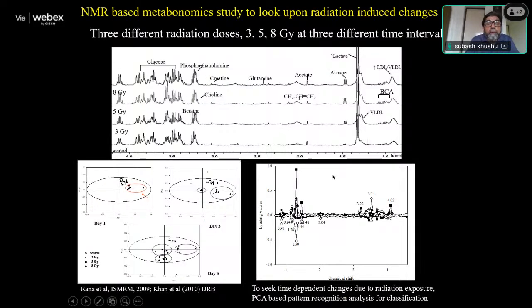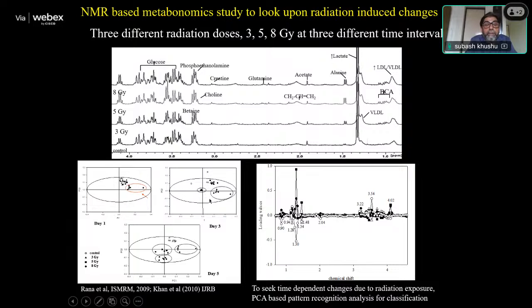Then, based on these chemometric methods, we were able to separate these 4 groups. You can see here, on day 5, all the 4 groups are very well identified separately. On day 1, probably only the 8 gray group is separated, and the rest are all together in the PCA plot.